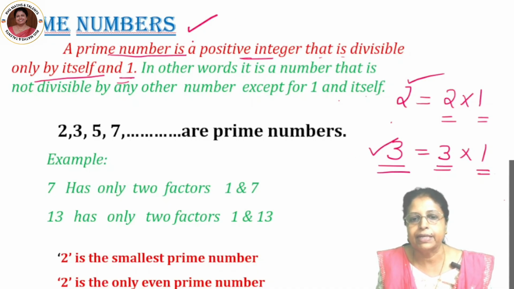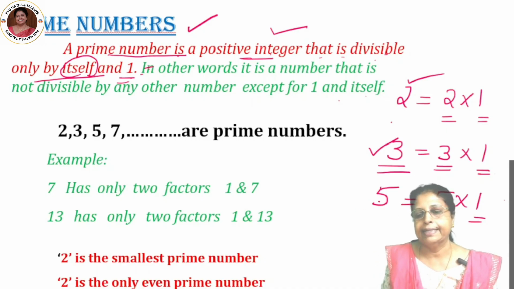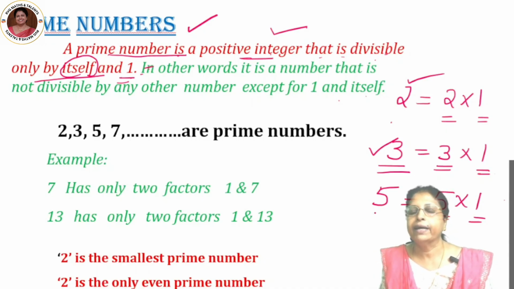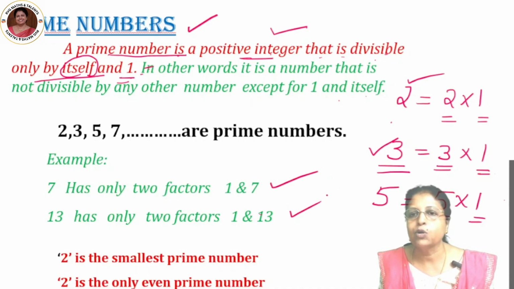Okay. See, we have seen here that a prime number is a positive integer that is divisible only by itself and 1. Okay. 5 and 1 are the only factors of this 5. That means 5 is a prime number. Then you can see 7 is also a prime number. 13 is also a prime number. Okay.